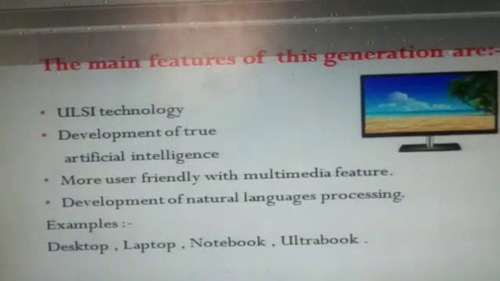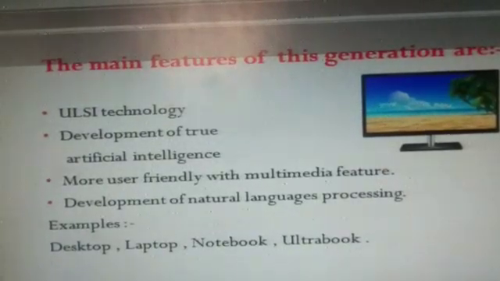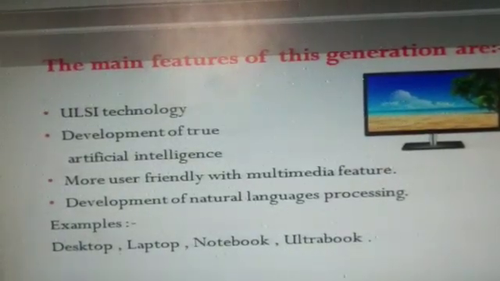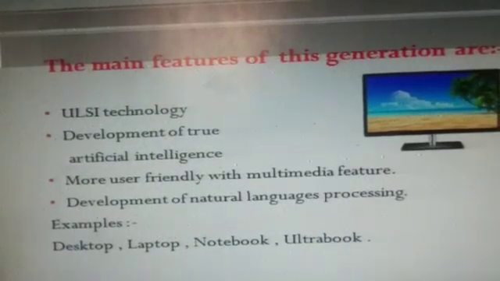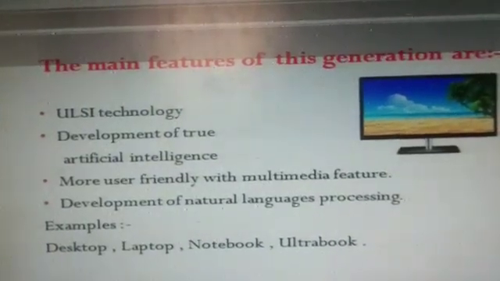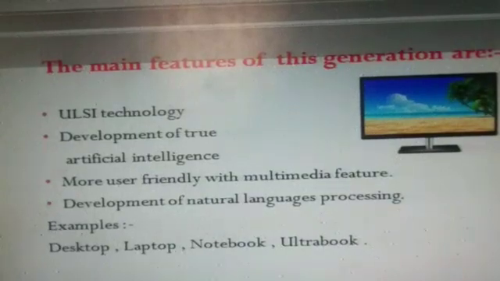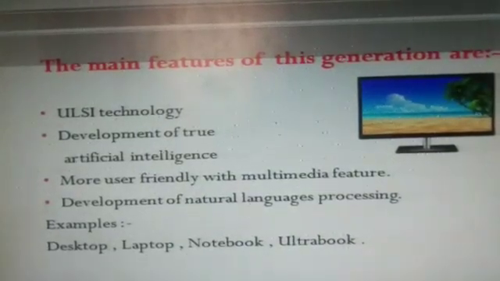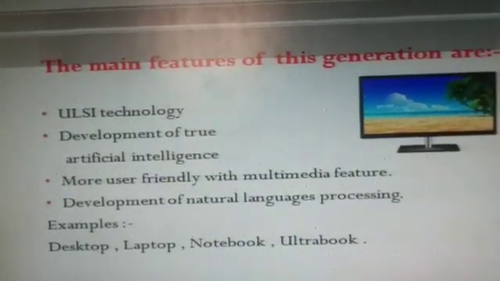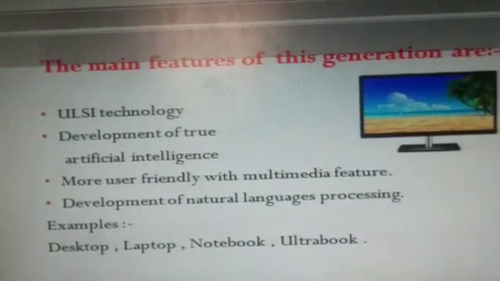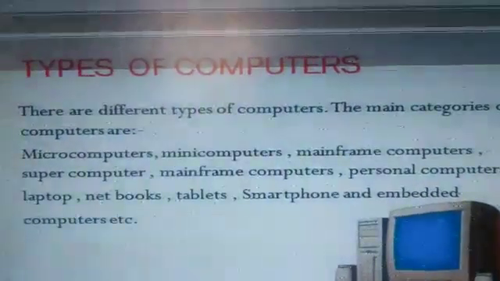Some examples of this generation are desktop, laptop, notebook, ultrabook. These are the examples of fifth generation of computer. So students, we have completed the generations of computer. Till now we have fifth generation in computer, and now we are also in processing.